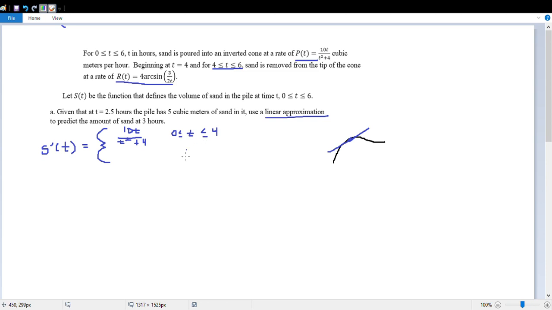All right, well then after that time, we are going to have a different value for s prime of t, because after that time, we need to incorporate both equations, because now we're both adding at the rate 10t over t squared plus 4, but we're also taking away at a rate of 4 times the arc sine of 3 over 2t.